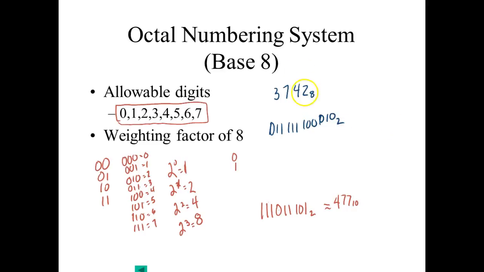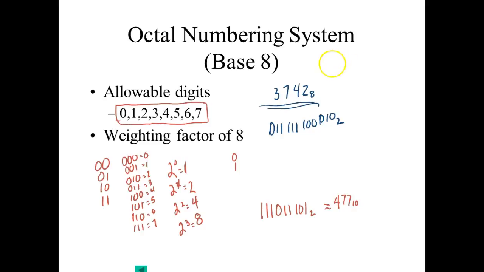And I guarantee you if you converted this to decimal and converted that to decimal, you'd get exactly the same answer. But which would be easier for me to give you: 3742 or 11111100010? Hopefully you're going to say that.